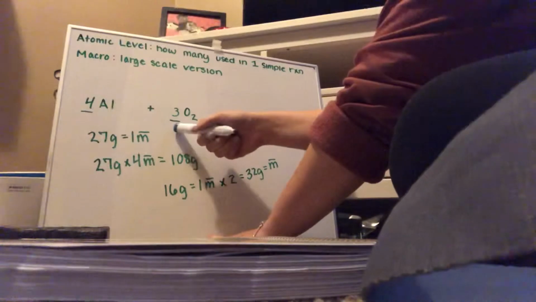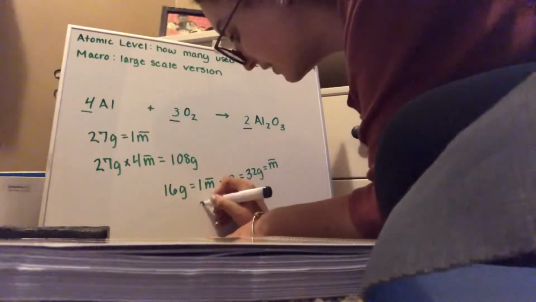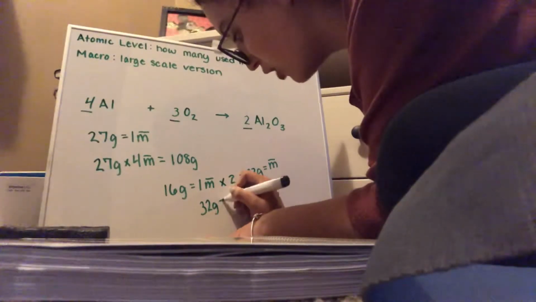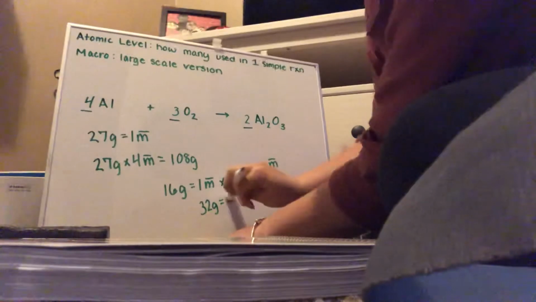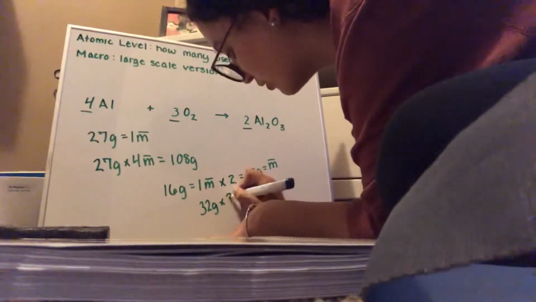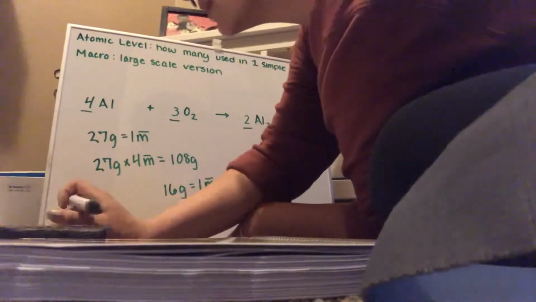So you have 3 moles of this molecule. So you're going to take the 32, which represents just 1 O2, and multiply it by 3 moles. That's going to give you 32 times 3, 96.